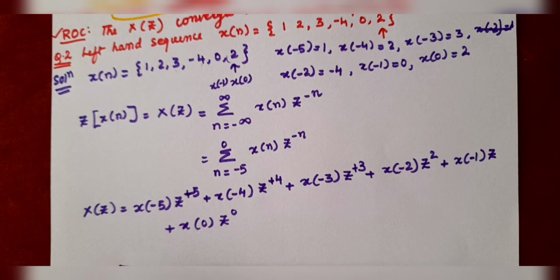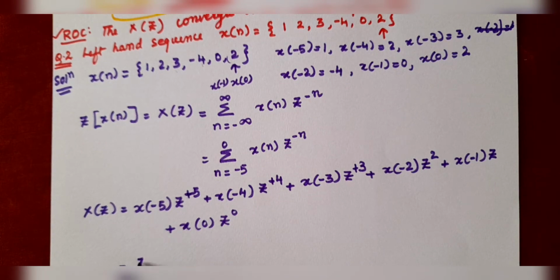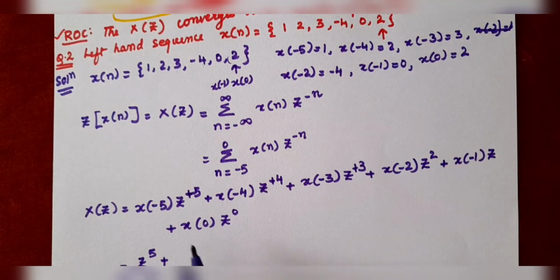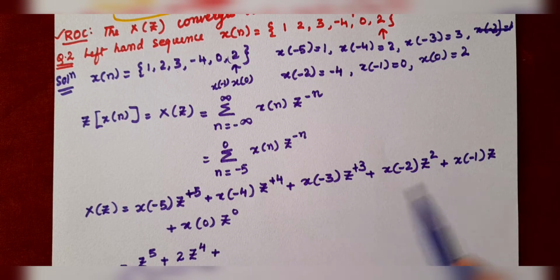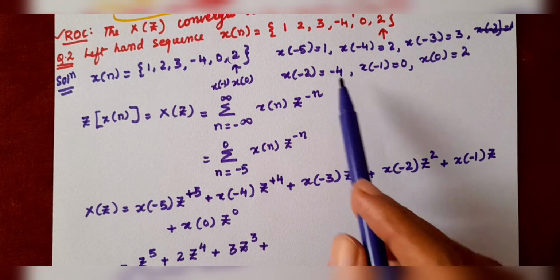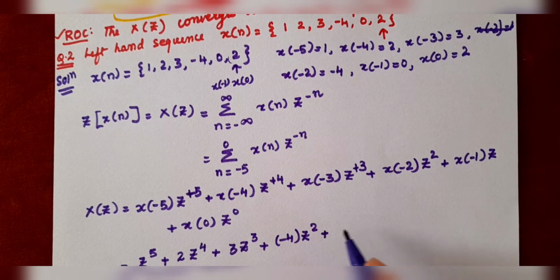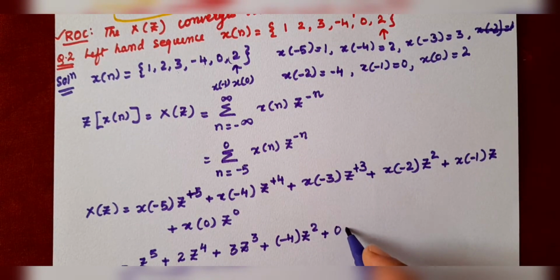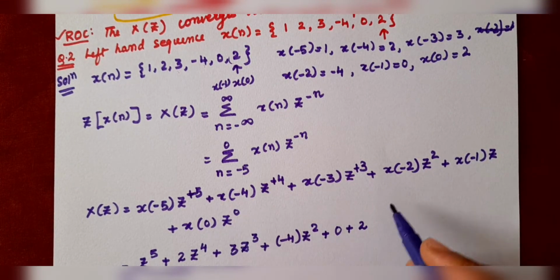Okay. So substitute: what is x of minus 5? 1. So z to the power 5 plus what is x of minus 4? 2. 2 times z to the power of 4 plus x of minus 3 is 3, z to the power of 3 plus x of minus 2 is minus 4, x of minus 1 is 0 plus 2, z to the power 0 value is 1.